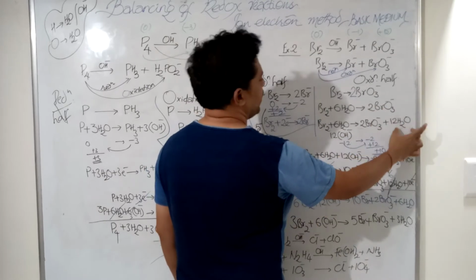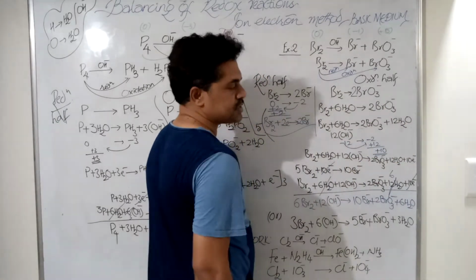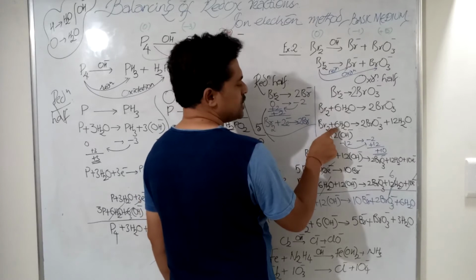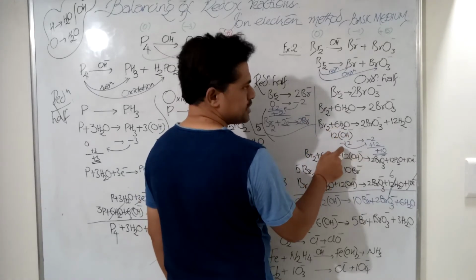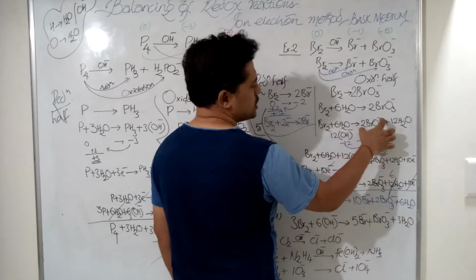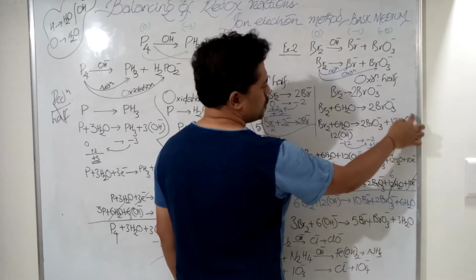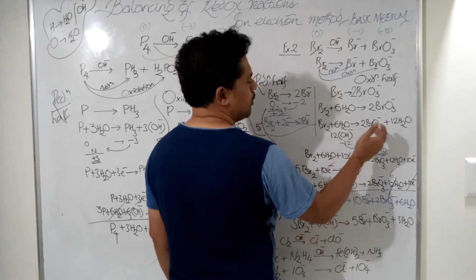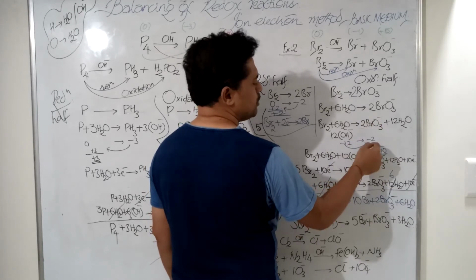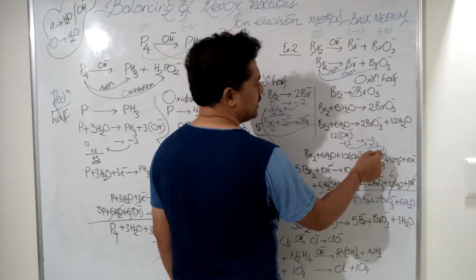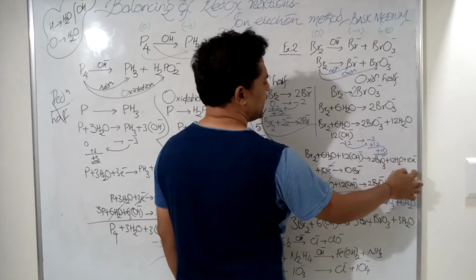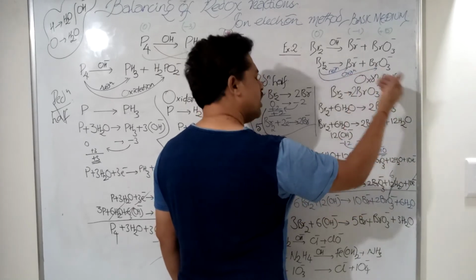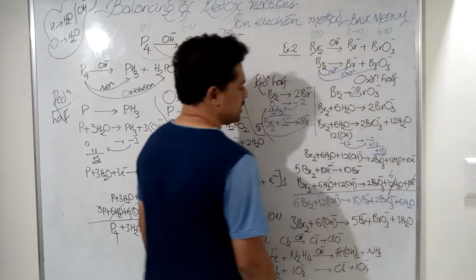Okay, 12 water and 12 OH minus. No charge, no charge. This is -12 charges. -2 charge, 2 BrO3 minus, -2 charge, this is neutral. It's -2, it's -12, -2 is a higher value, it moving here and you got here 10. That means this side you need to add 10 electrons. In oxidation, always electrons will be added at product side.